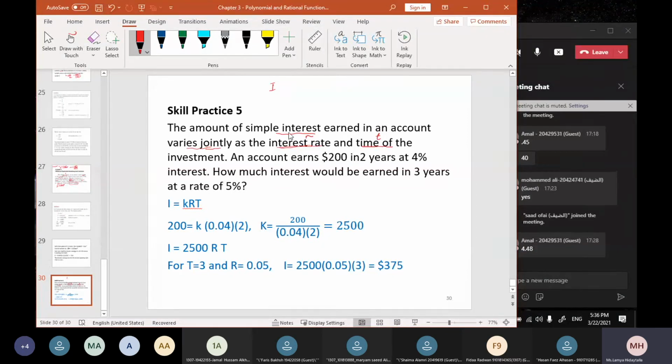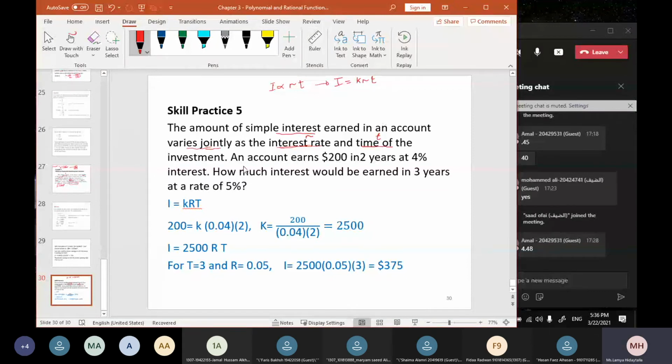So the interest is proportional to two quantities: the rate and the time. If we need the equation, the interest is equal to the constant times the rate times the time.